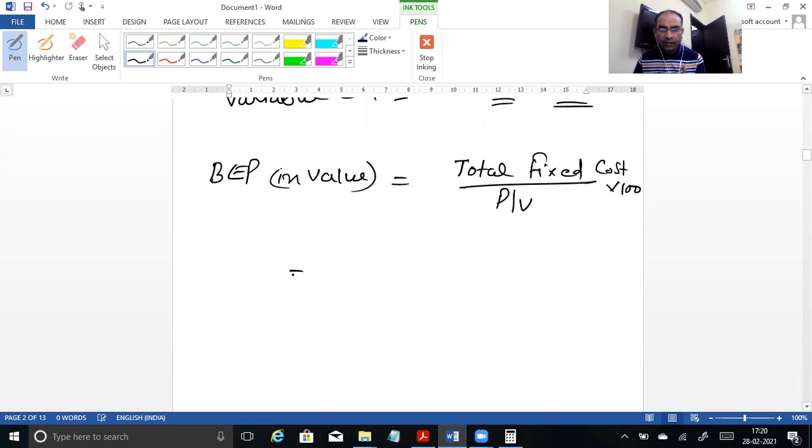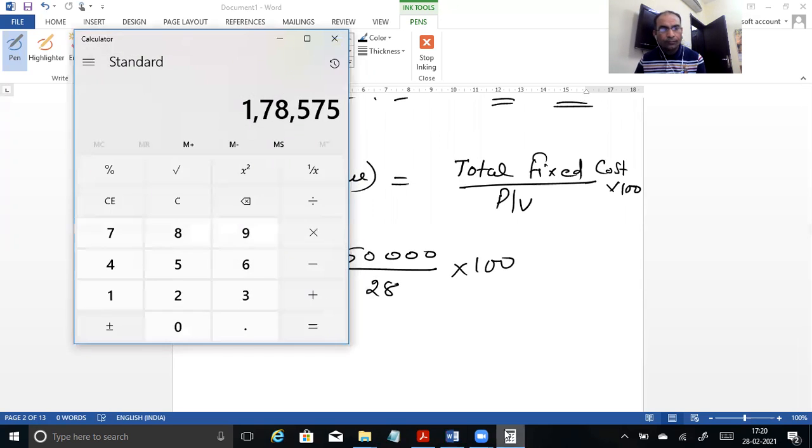For example, in our case it was 50,000, and now we have calculated the PV ratio as 28%. Let us check how much it comes. 50,000 divided by 28 into 100.